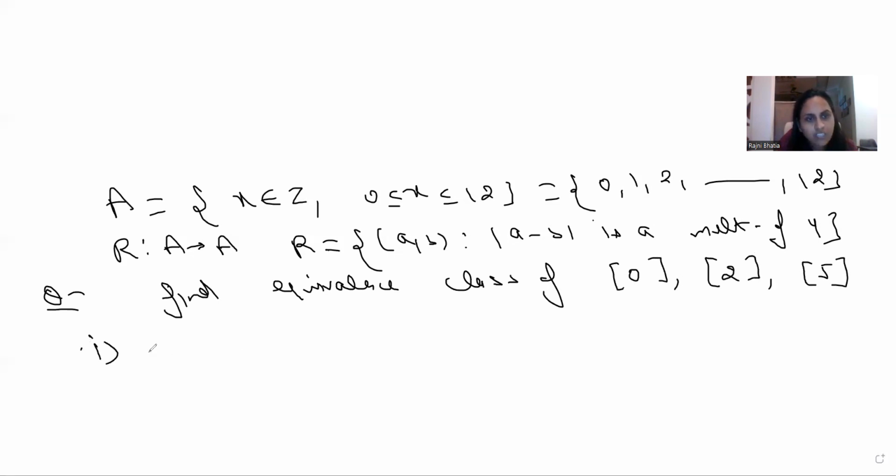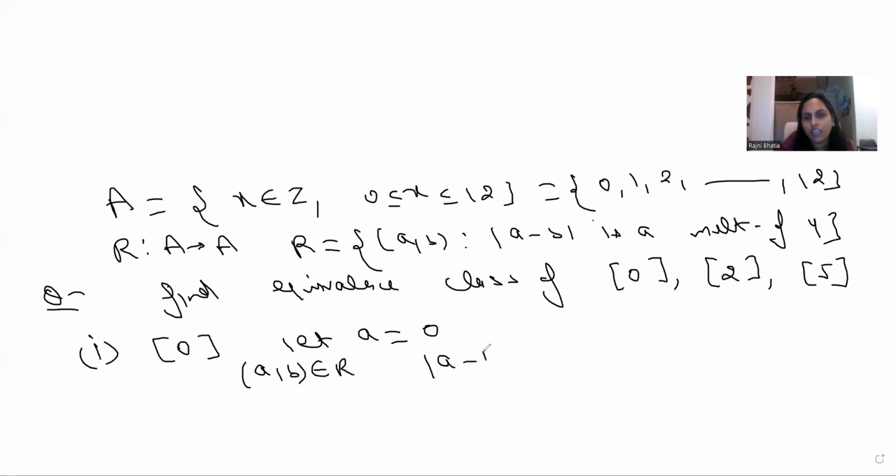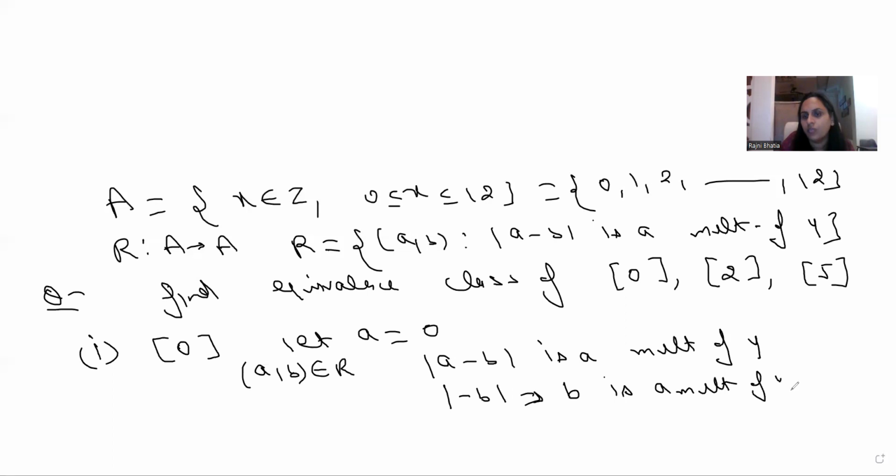So first, let us find the equivalence class of 0. Let us take A as 0. And now we need to find all the possible values of B. So for (a, b) to belong to R, we should have modulus of a minus b is a multiple of 4. If we put the value of A as 0, then modulus of minus b, which can also be written as b, is a multiple of 4.